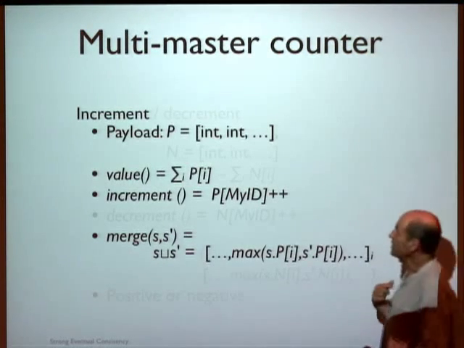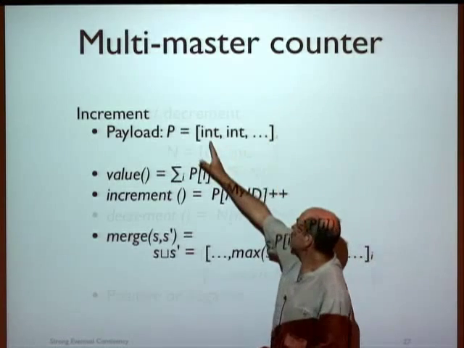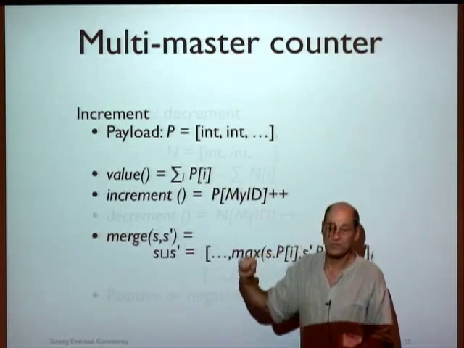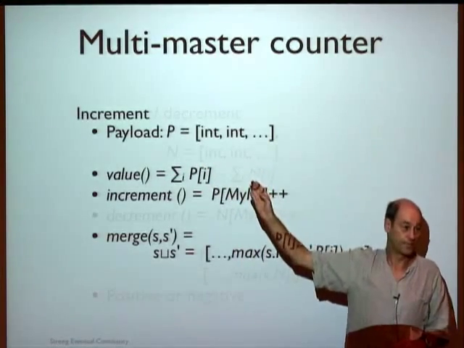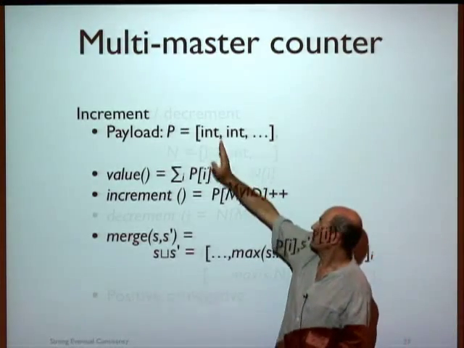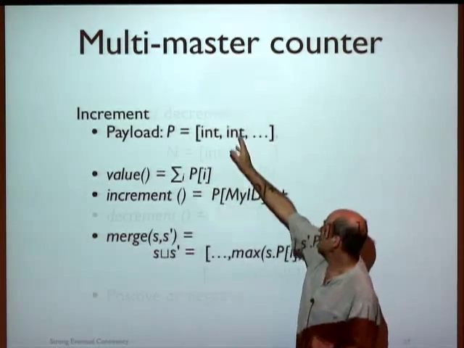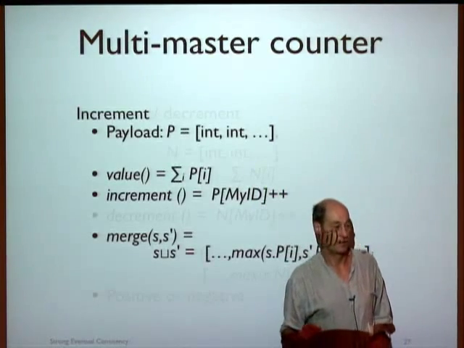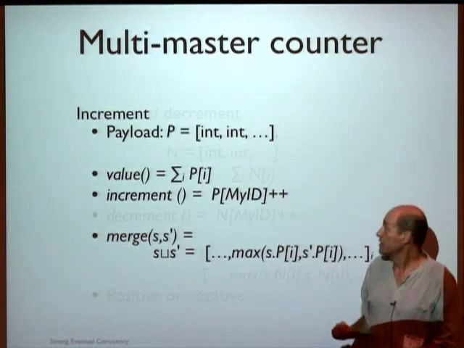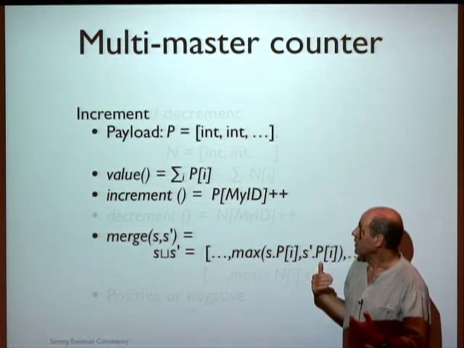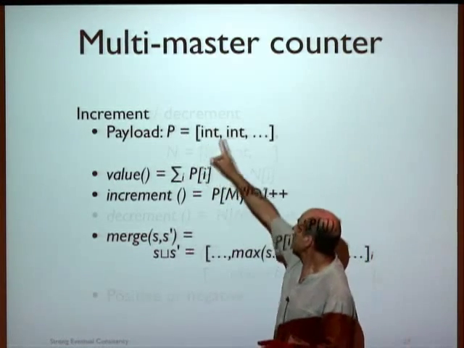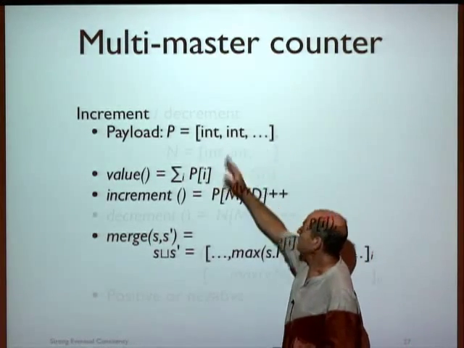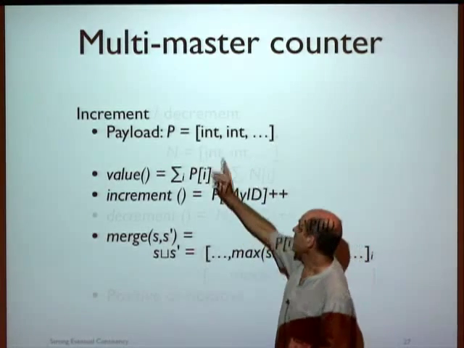So if each one of us is going to choose an entry in this vector and is only going to update his own entry, my entry is this one. I'm only going to update this one. Sam's is this one. He's only going to ever update that one. And so the value of this increment-only counter, I can only increment these.